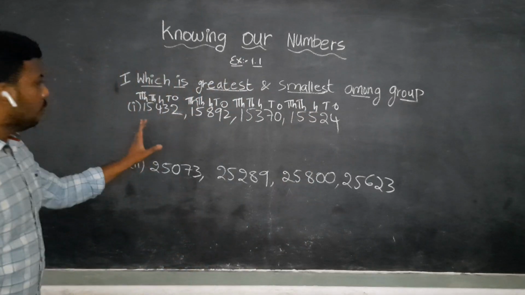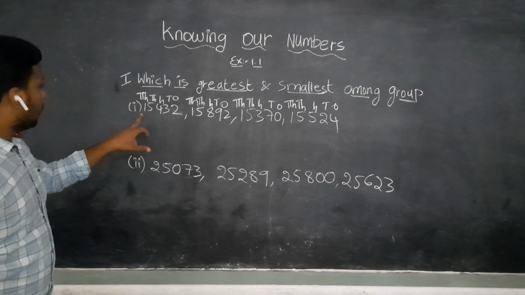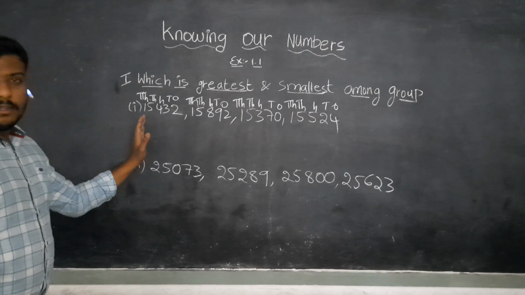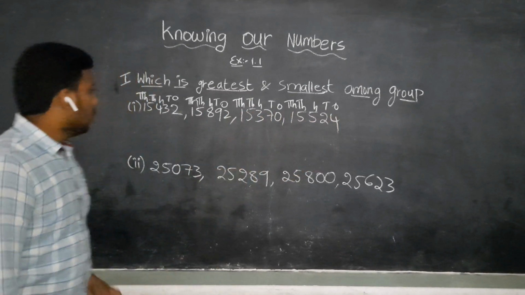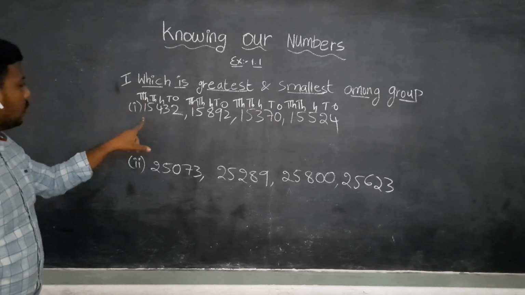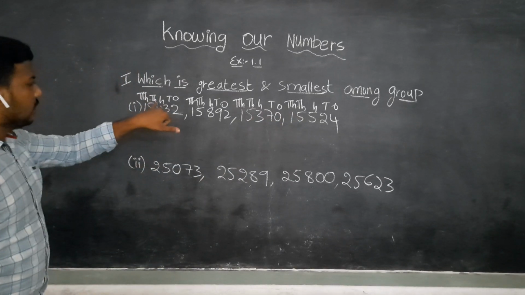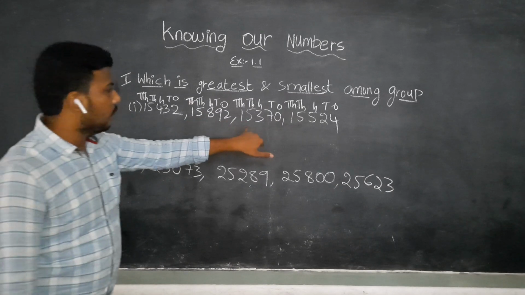Right now we will check each and every digit clearly. Every time we have to start from the left side and go towards the right side. The biggest place value is 10,000. In the place of 10,000s we have the value 1 in all of them. Next, thousands. In the place of thousands we have 5, and here also 5, 5, 5.